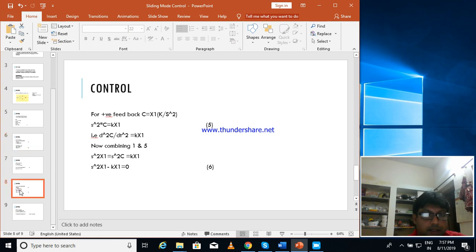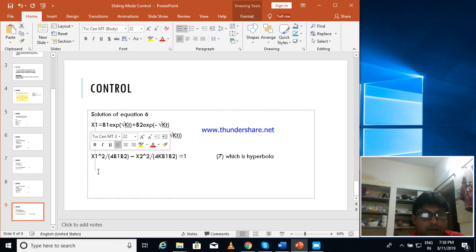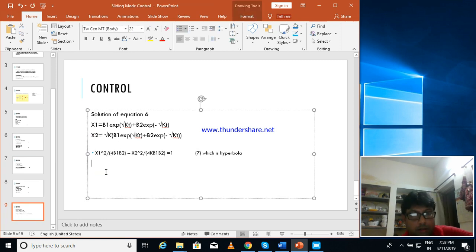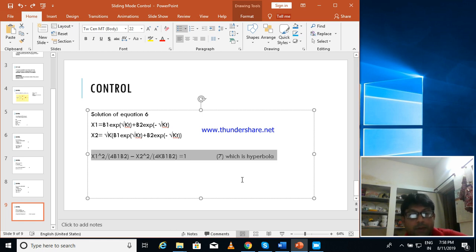And for the positive feedback, this is the equation. So for the positive feedback, these two variables x1 and x2 will be moving in a phase plane following a hyperbolic path. So this is the end of the first lecture.